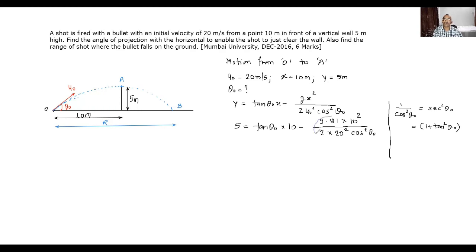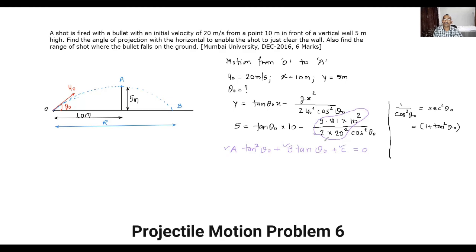Then you substitute 1 upon cos square theta 0 as 1 plus tan square theta 0 and form a quadratic equation, where the coefficient of tan square theta 0 is a, plus b tan theta 0, plus c, the constant term, equal to 0. So you will get a, b and c easily.